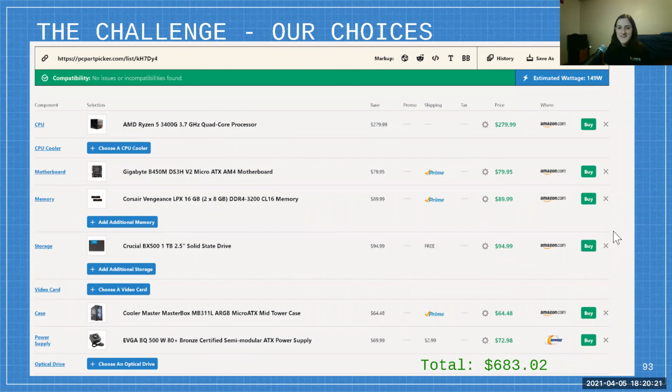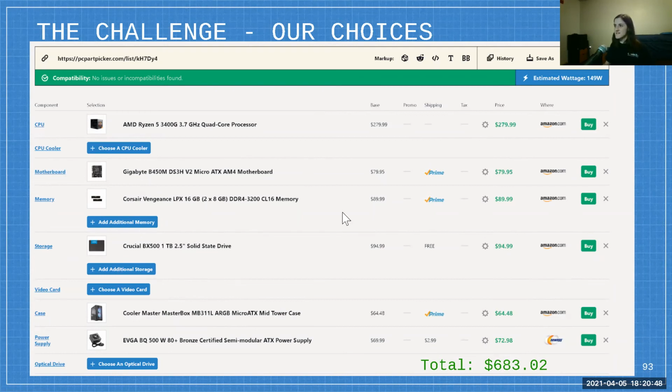The budget did not include shipping costs, but you'll see here that I was a little bit generous in my estimates. So what it came out to on PC Part Picker, this is what that system builder page looks like. And I just filled everything in. It gives us prices. And so what this came out to is about $680, which gives us a little bit of room for shipping, depending on how long you want to wait.